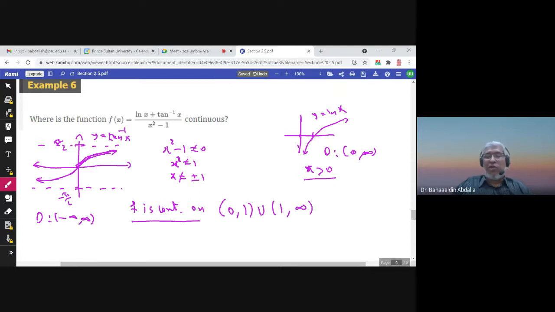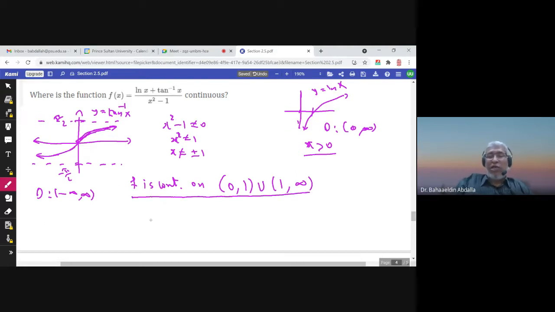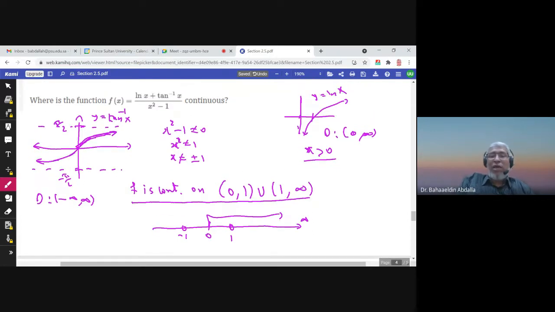The function is continuous on this interval because x has to be greater than 0, but 1 shouldn't be included. Negative 1 shouldn't be included, but negative 1 is already not in this interval. So from 0 to 1, union 1 to infinity is actually the domain of this function, and it's where the function is continuous. So when I ask you where the function is continuous, you just find the domain of the function.